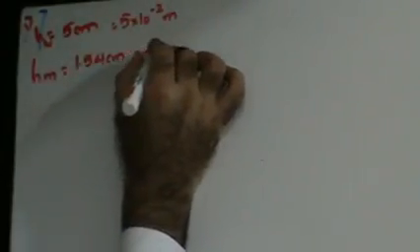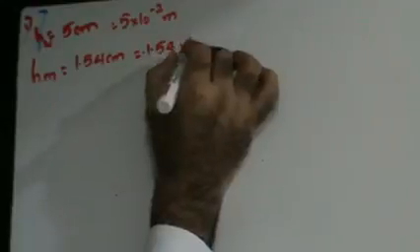In the same capillary tube, mercury is depressed by 1.54 centimeters.